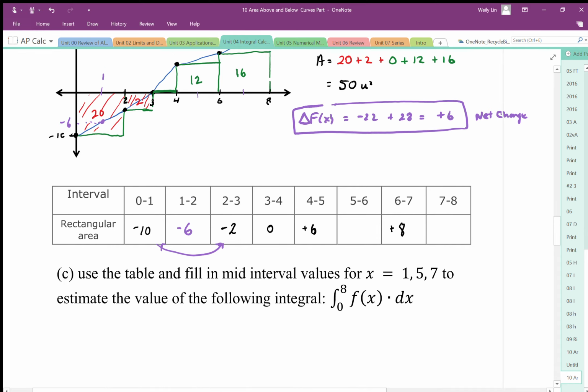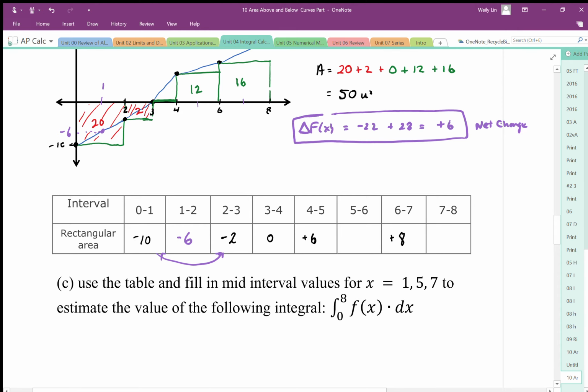We do the same for the mid-interval value at 5. We have a y-coordinate of 6 and a y-coordinate of 8. To find the mid-interval value, we just take the average of those two coordinates, and we get a y-coordinate of 7. Again, since the interval width is 1, our displacement is +7.